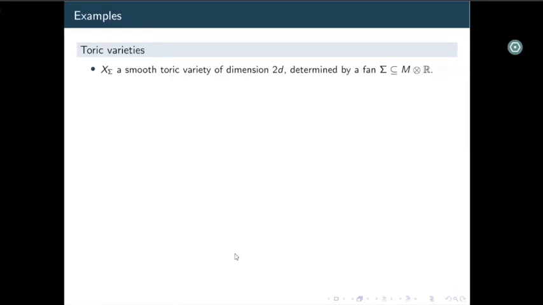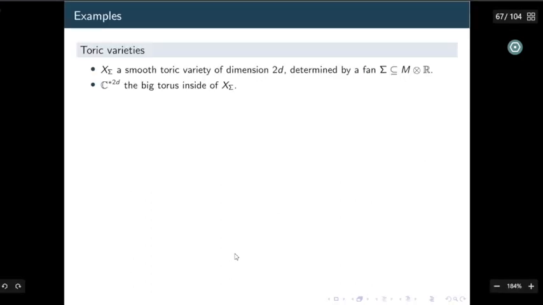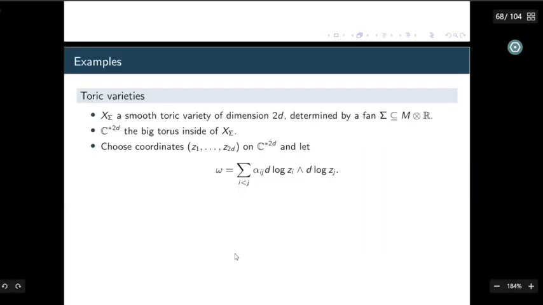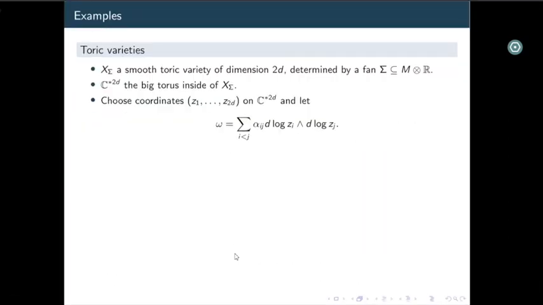So the most basic example of a log symplectic pair of pure weight is what you get by taking a smooth toric variety of dimension 2d. If you take the big torus inside of this toric variety, you can produce log forms, or forms on any toric variety with log poles on the toric boundary, just by essentially choosing a form on the torus, so that these alpha ij's are just complex numbers.